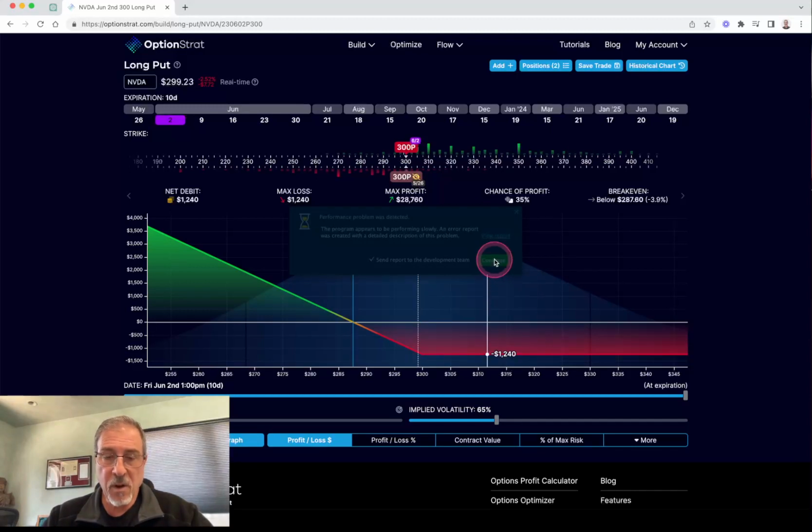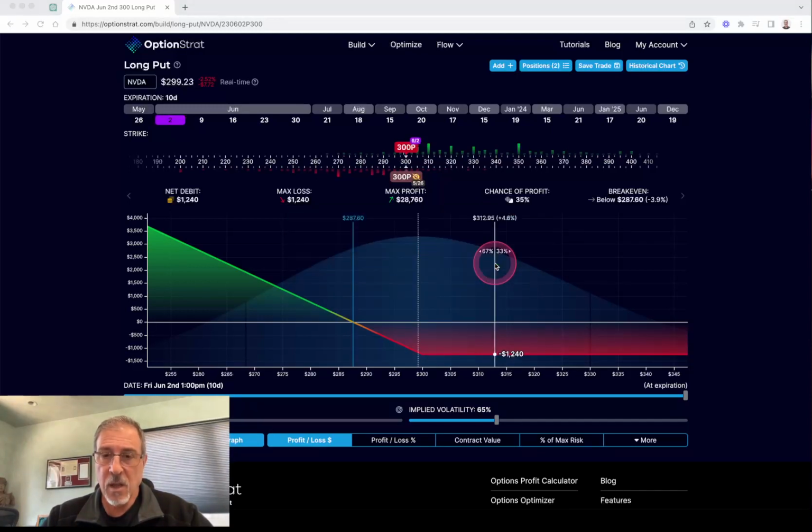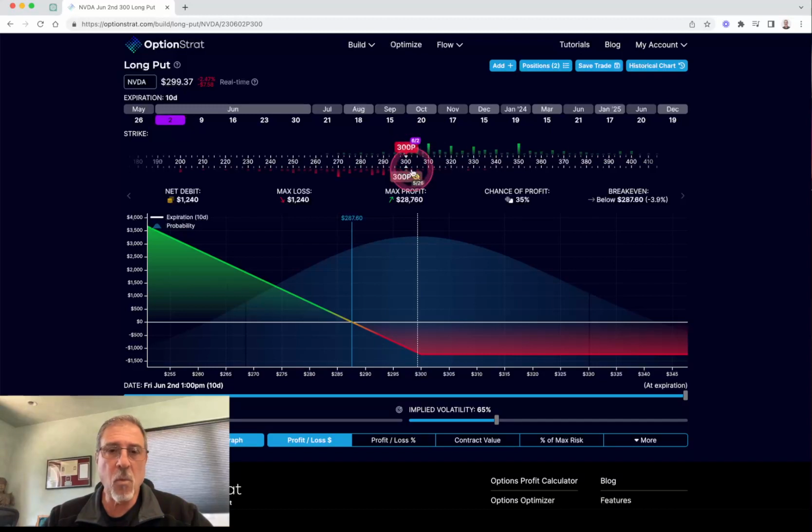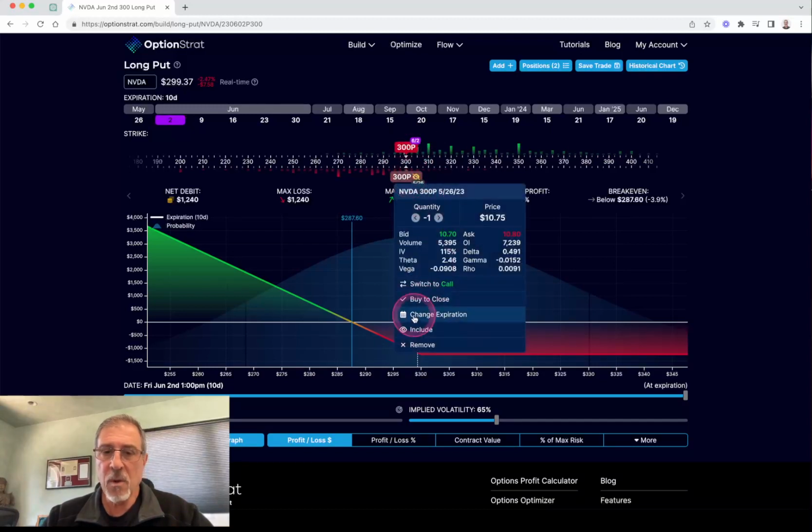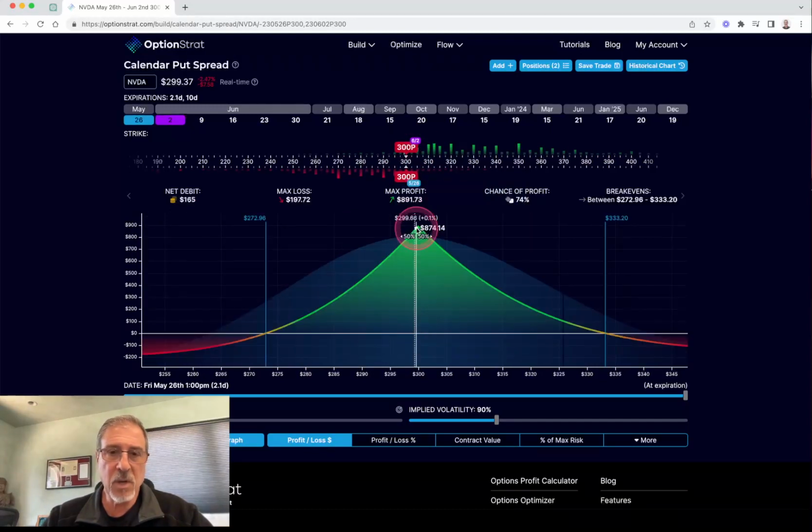So it's very important when you're dealing with calendar trades to make certain that, unless you really know what you're doing, you don't ever leave one of these out there without the other. Now, you could adjust this in a lot of different ways. I'm not going to try to get into that right now.